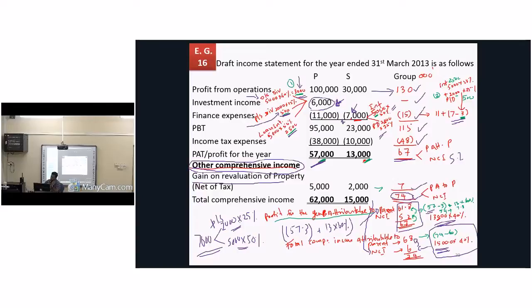Understood? We need to verify 68. Total group profit after comprehensive income is 74. 74 minus total adjustment of 6, including the intercompany dividends, both ordinary and preference, will be equal to 68.